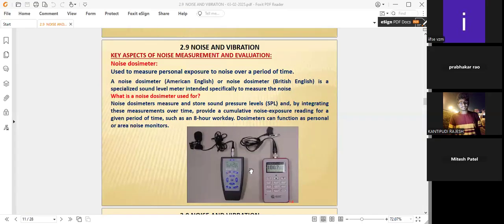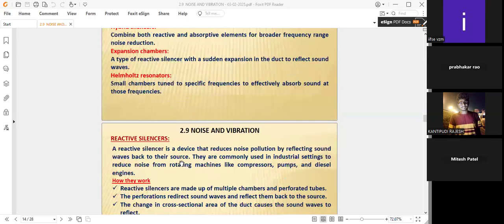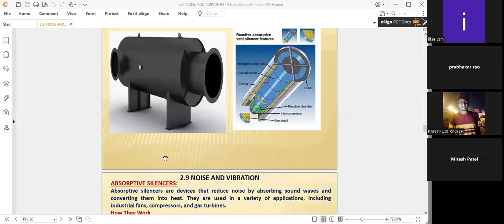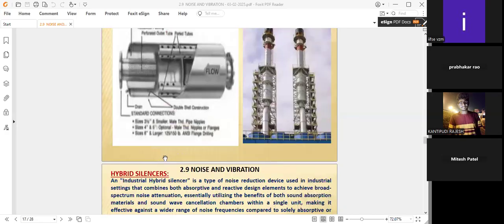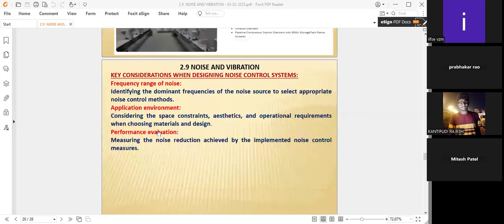By taking this history, we can tell whether the absorptive silencer or reactive silencer works or not, by measuring the noise levels continuously with the dosimeter in the workplace. Therefore, the performance evaluation can also be measured by the dosimeter, to see whether the required noise level reduction is achieved.